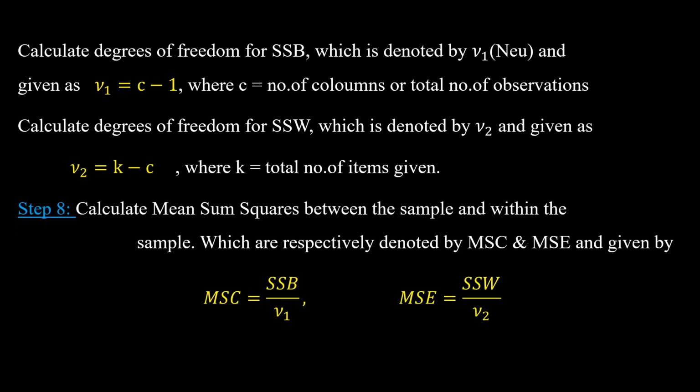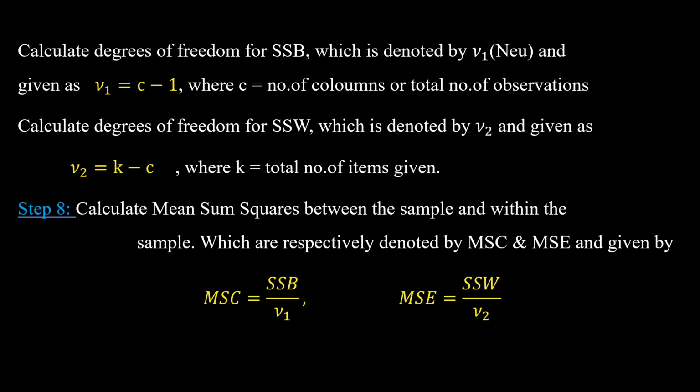Okay. Next step, calculate the mean sum of squares between the samples and within the samples, respectively denoted by MSC, the mean square between the samples, and MSE, the mean square within the samples. MSC is calculated as SSB divided by nu1, the degrees of freedom for SSB.